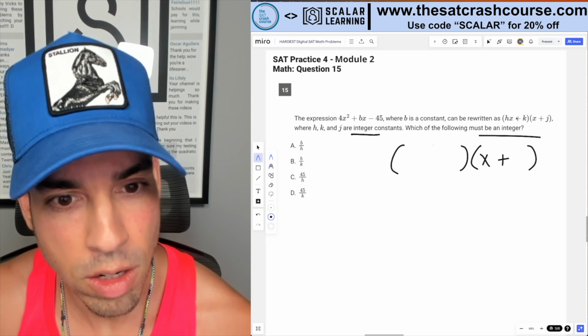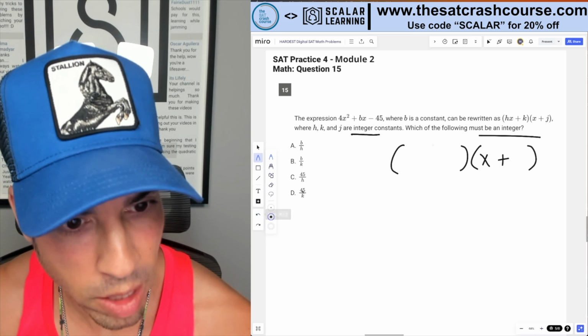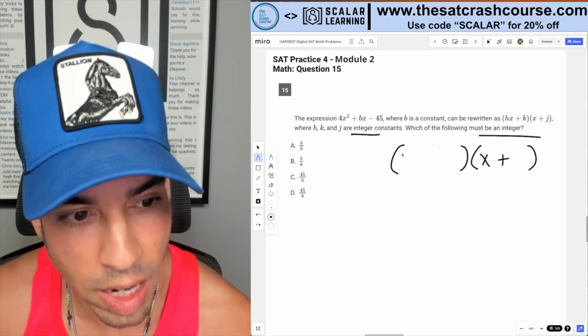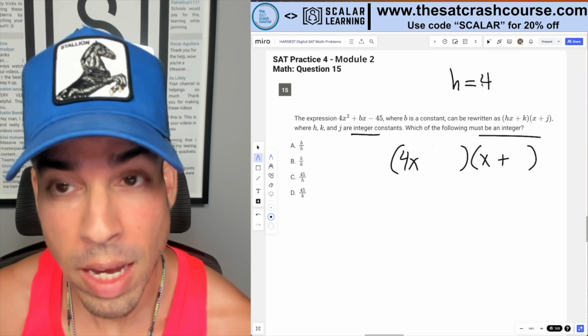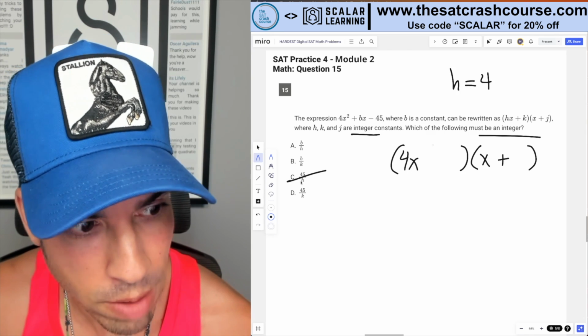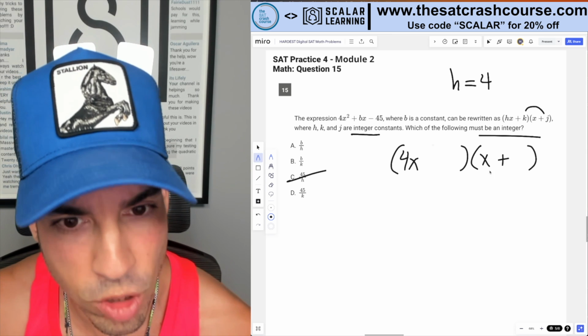Now over here, we have h, x, right? And since we know that this term is 4x squared and the product of these first two leading terms is going to be 4x squared, I know that h has to be 4. Now, if h has to be 4, I know that 45 over h is not going to be an integer, right? 4 does not go into 45. Another thing I know is that k times j, right?